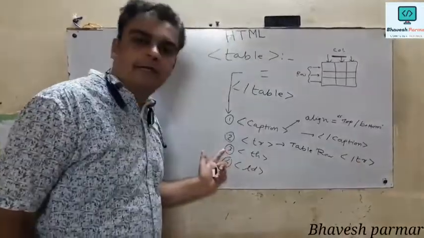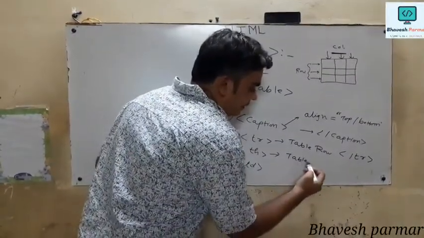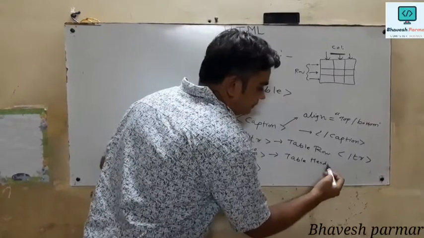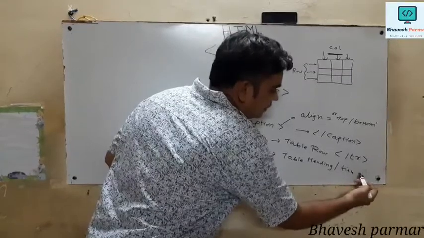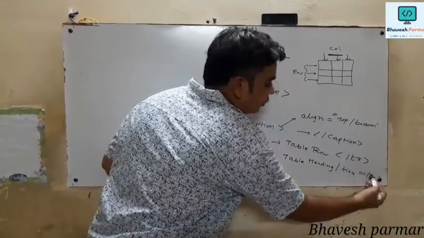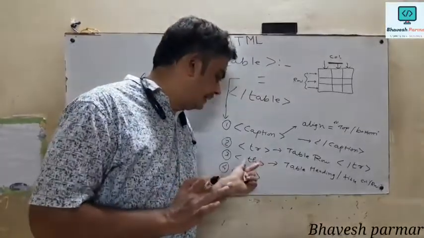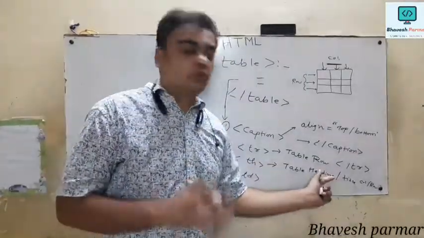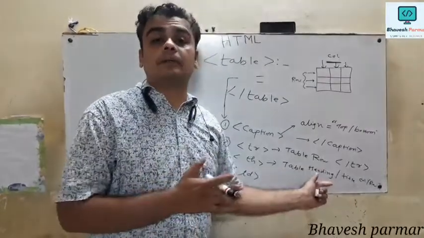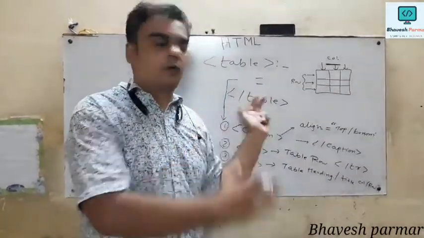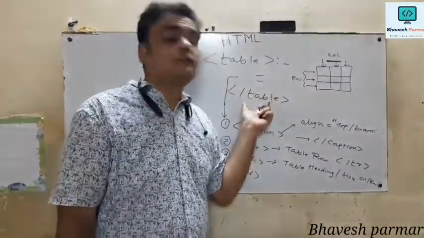Okay, then our next tag is th tag that represents table heading, or you can say the title of the column or row, both. Generally you have to always remember th represents table heading. What table heading actually does and what its use is in our program, we are going to discuss later in the same video when we see the actual program using table tag.